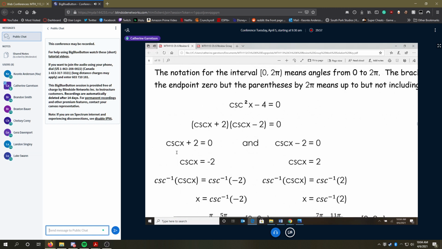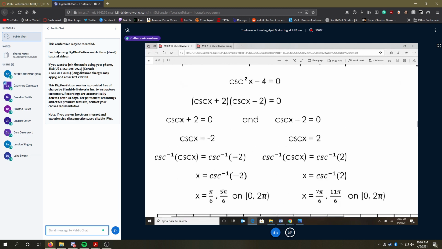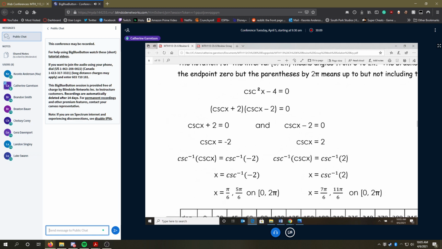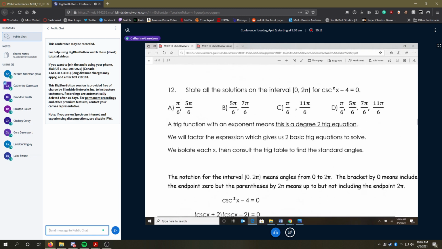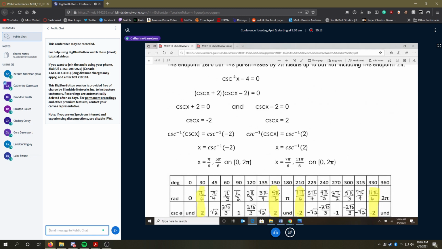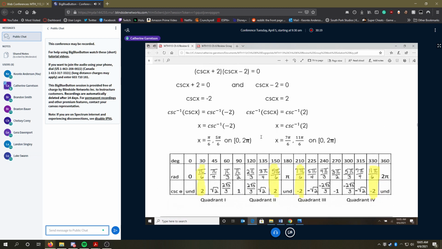I'm going to isolate my cosecant by subtracting 2 to the right, and on this side I will add 2 to the right. So the answer, and I think it's set on an interval from 0 to 2 pi, I'm going to go look and see all of the times that the cosecant produced either a 2 or a negative 2.